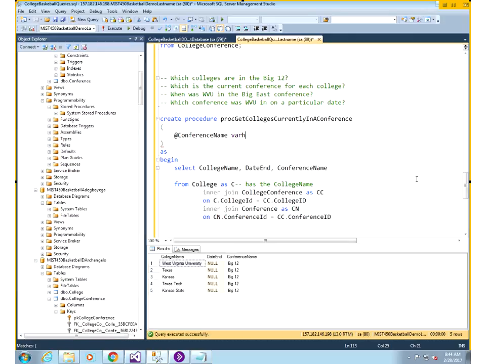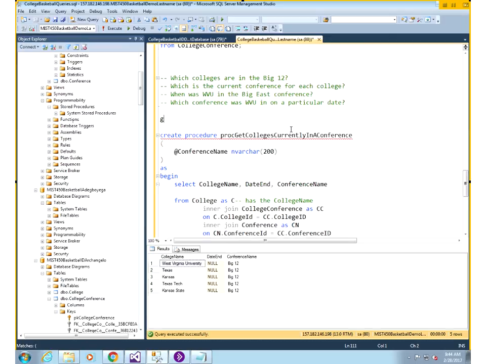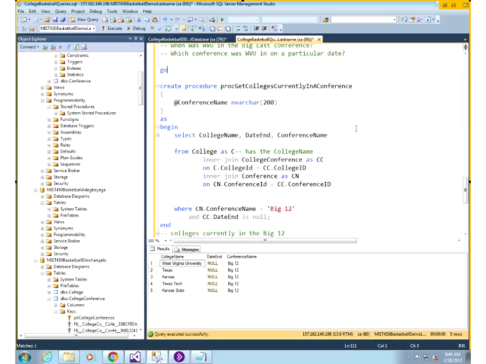Conference name, and what's the size of it? 200. Okay. You want to separate each of these statements with the go separator, and what else do I need to do? Maybe you need to put your Big 12 to that conference. Yeah, change this.